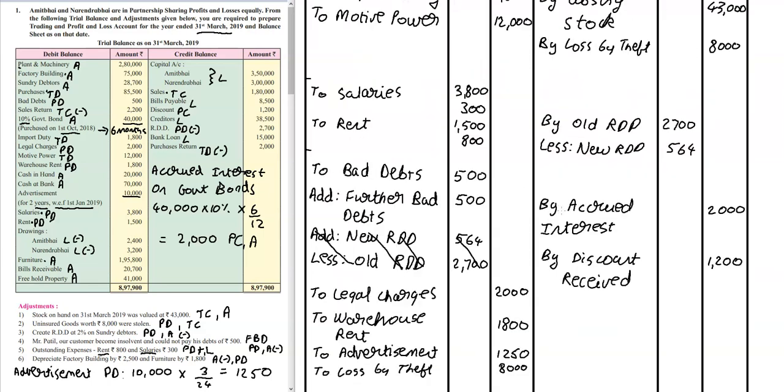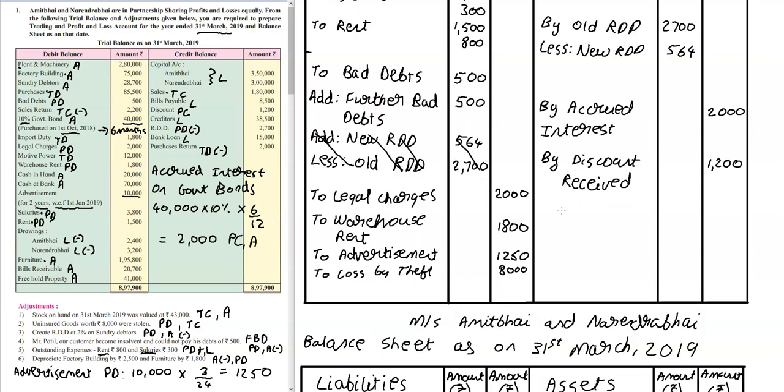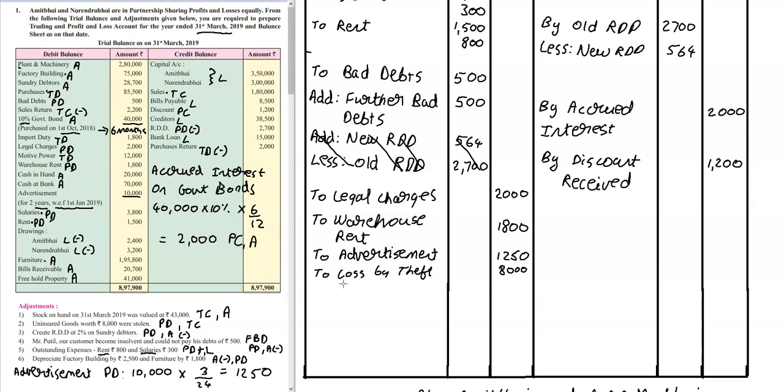And now we need to put it on the trading account debit side as well. Question is, do we have space? Looks like we have shorter space, so let's just make an adjustment. Now we have depreciation, two items. We can list them one after the other.